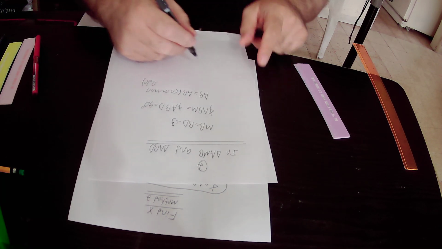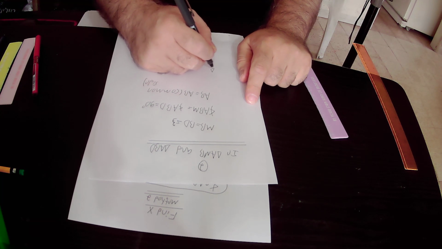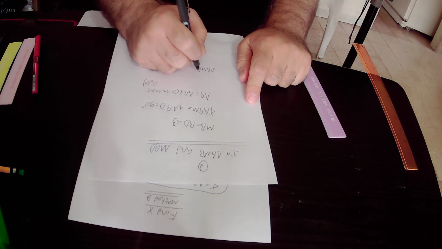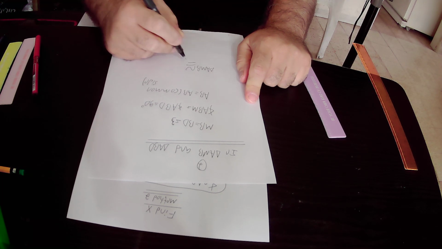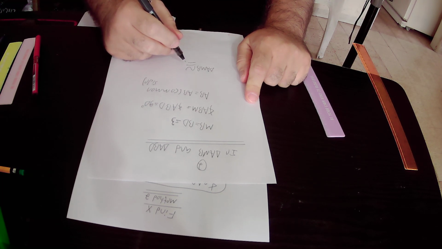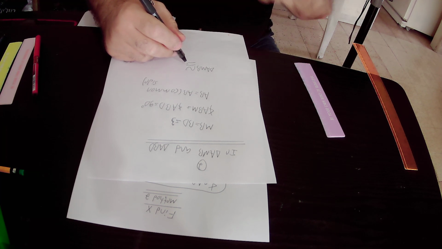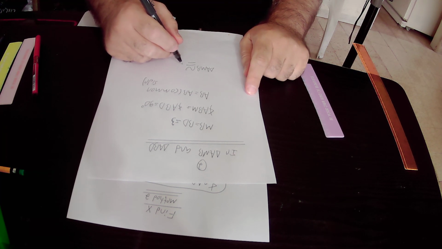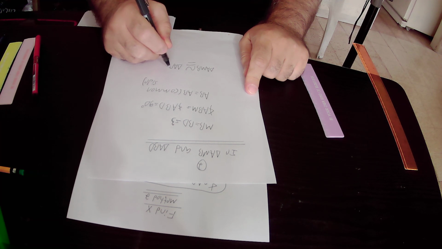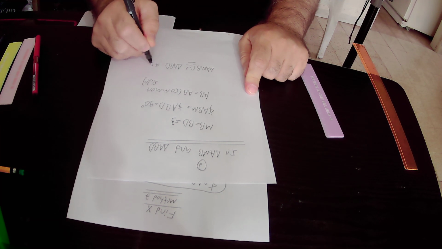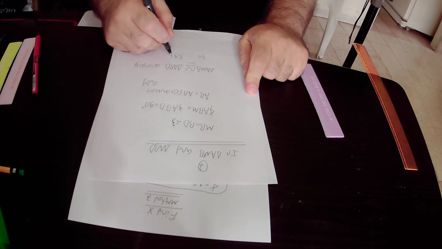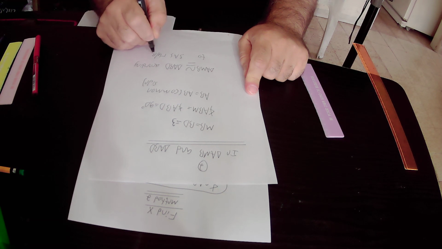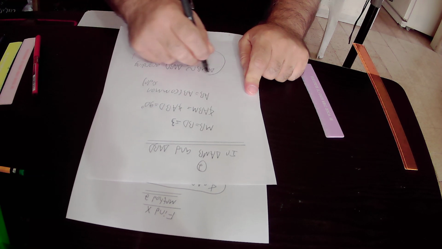So triangle AMB, the sign of congruent, triangle ABD according to side angle side rule.